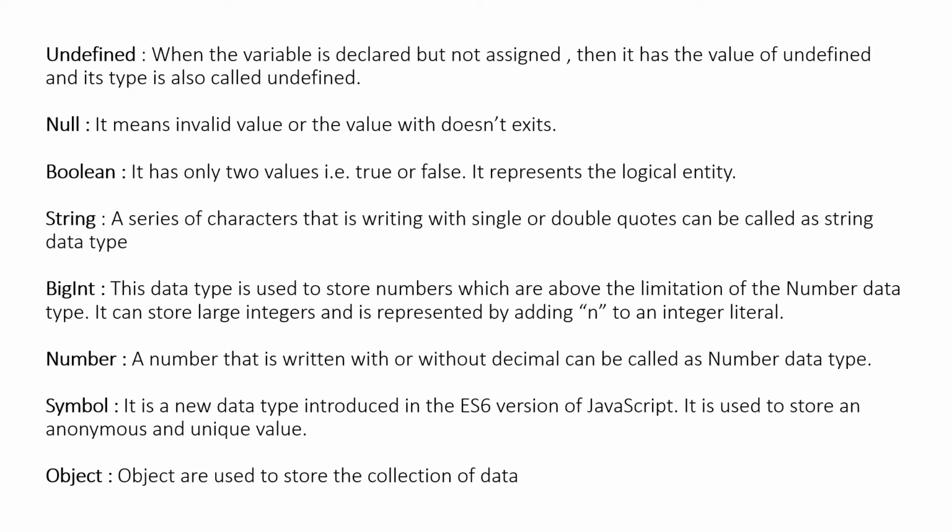Yeah, so the next one is bigint. This data type is used to store numbers which are above the limitation of the number data type. It can store a large integer and can be represented by adding n to an integral literal. So bigint is a data type in JavaScript that is above the limitation of the number data type.